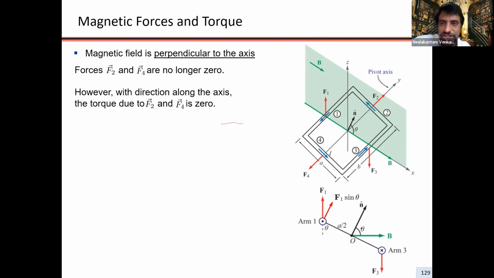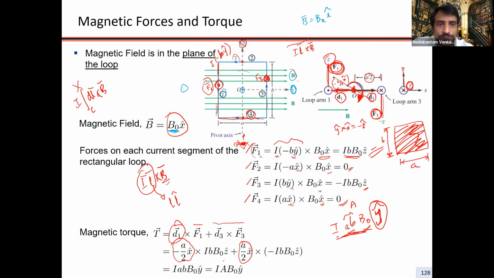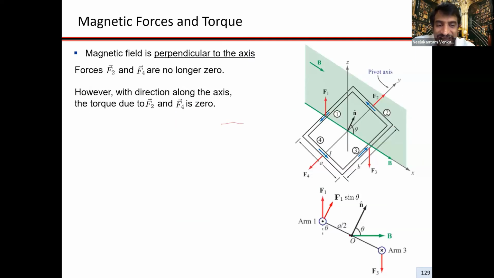What we have observed is that this guy has already started to move, and at some instance it's going to look like this. So we're going to analyze the situation when the normal to the plane of the loop makes an angle of theta to the B field.